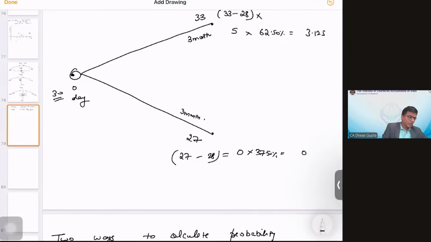So the price of the option after 3 months becomes 3.125. So the third month value of this call option is 3.125. We will just add both of them, although it is 0. So the total becomes 3.125, students.